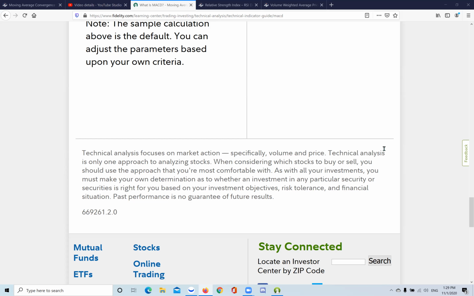As with all your investments, you must make your own determination as to whether an investment in any particular security or securities is right for you based on your investment objectives, risk tolerance, and financial situation. Past performance is no guarantee of future results.